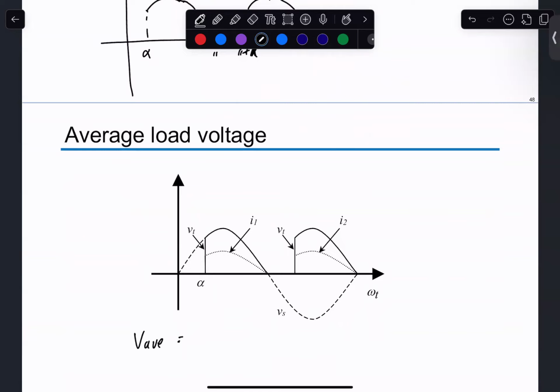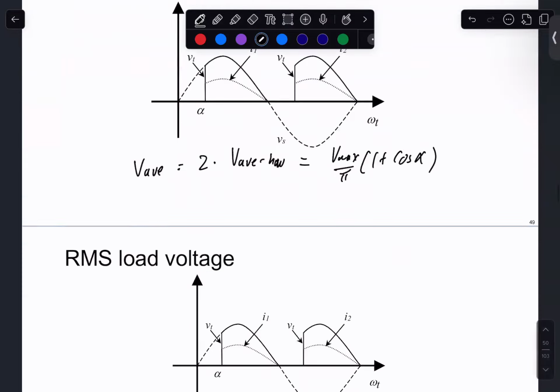So it's 2 times the average of the half-wave controlled rectifier, and this is Vmax over pi times 1 plus cosine alpha. Before we had Vmax over 2 pi, now we just have Vmax over pi.